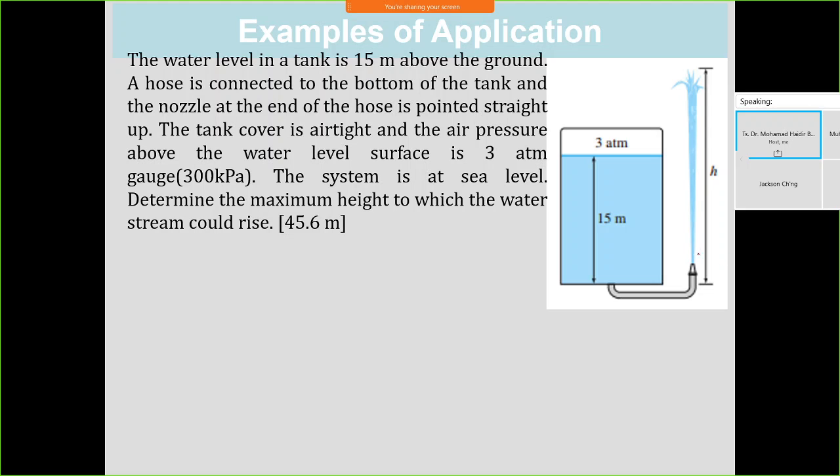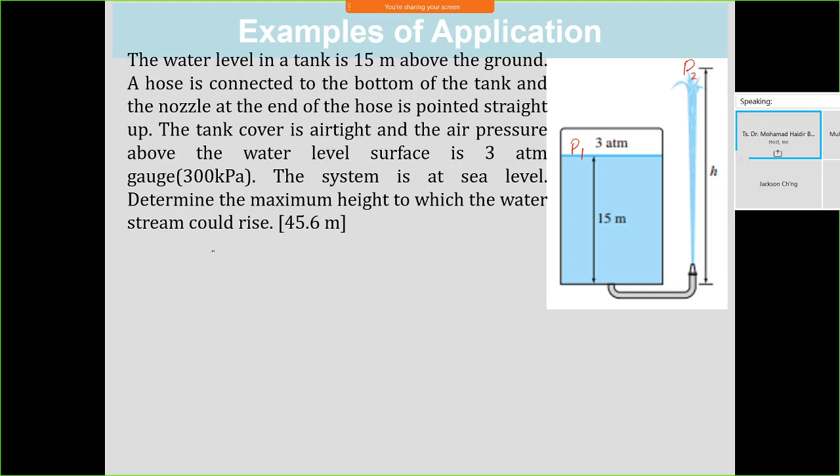So although the pipeline is until here, as the jet still looks like a pipeline, you can assume here the pipeline. You can still use the Bernoulli equation from this point up to this point, point 2.